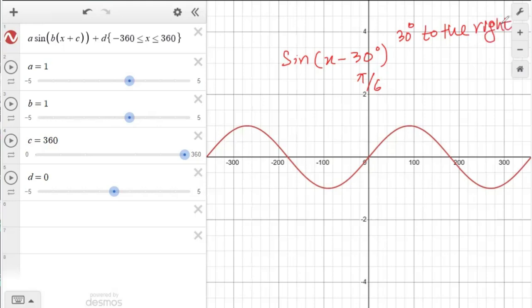Keep that in mind. Similarly, if it's a plus, it will go to the left. This is known as the phase shift or the horizontal translation.